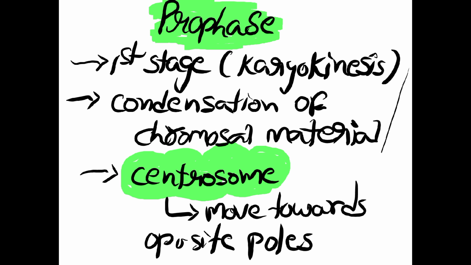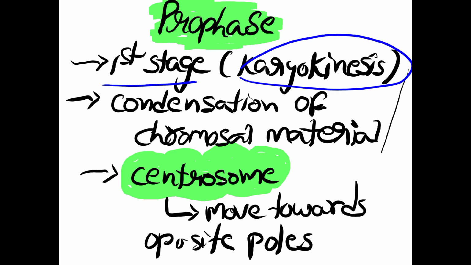Actually, this prophase is the first stage, and it begins with karyokinesis, which is nothing but nuclear division. The mitosis process begins with karyokinesis.